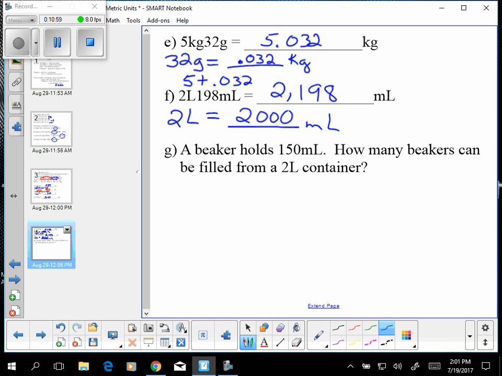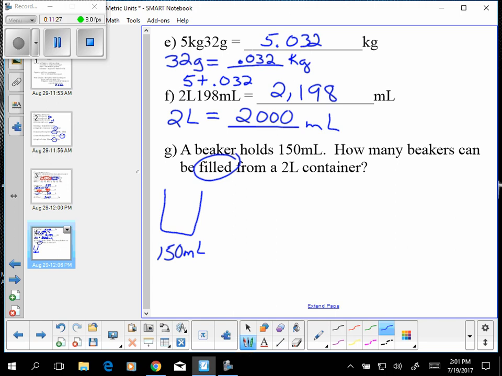In G, we're going to have a story problem where we know that there's a beaker that holds 150 milliliters, and I have a bigger container that holds 2 liters. How many beakers can I actually fill? Okay, just be filled. Notice that my one measurement is in liters. Now here, I have a choice to make.